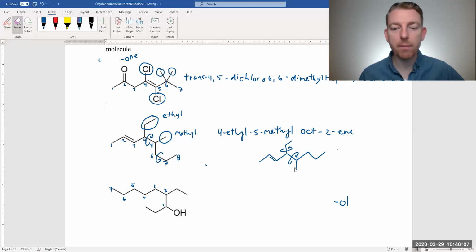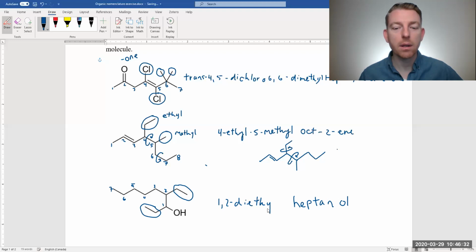And this will become a heptanol. So that is a heptanol with 2 ethyl side groups, so 1 and 2. So this would be a 1,2 diethyl heptanol.